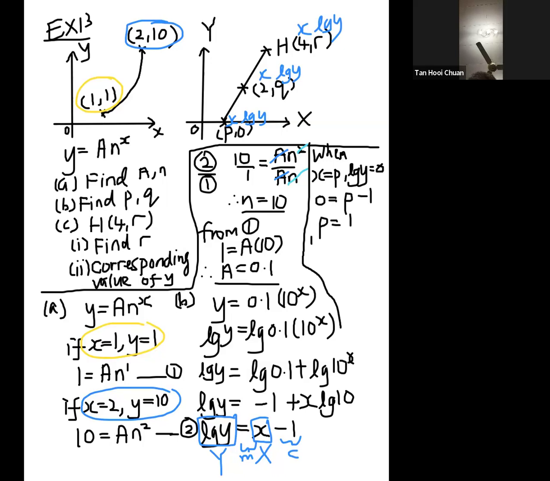Okay, when x equal to 2, lg y is Q. So Q equal to 2 minus 1. Q is 1. So you sub in 1 by 1 the value here. This is the first set. This is the second set.